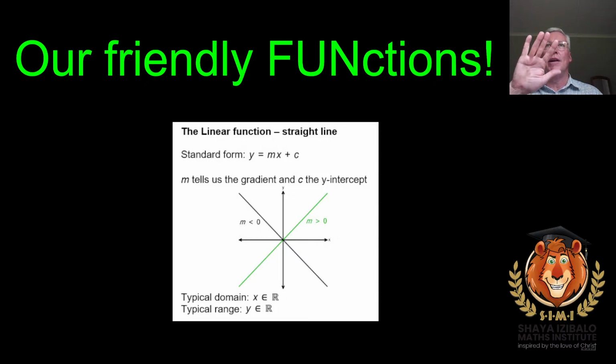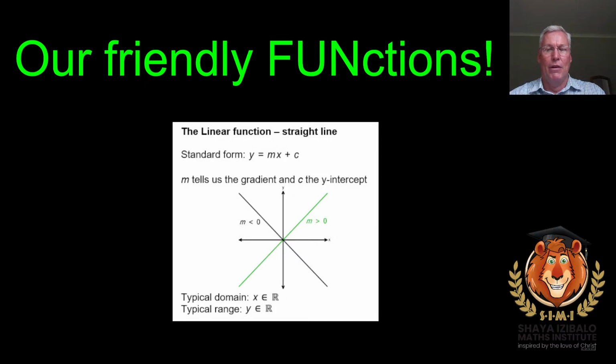There are essentially 5 of these. y equals mx plus c is what we call the standard form. m is the gradient, as we know. A positive gradient, the green line, slopes uphill, and a negative gradient, the black line, slopes downhill. Typical domain is that x can be anything, and typical range is that y can be anything. It goes as far left and right, domain, as we like, and as far up and down, range, as we like.